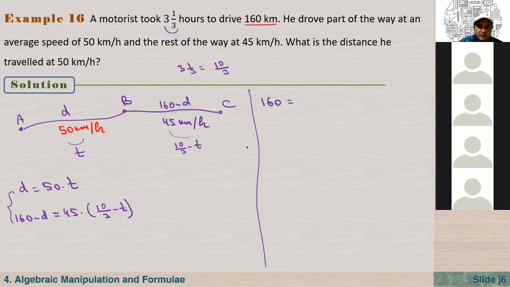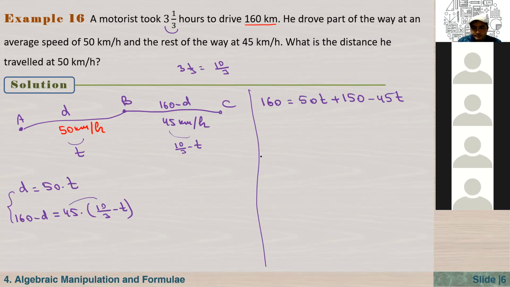And how about if you add right hand sides? The first one is 50t plus the second part is 45 times 10/3, 45/3 is 15, 15 times 10, that's equal to 150 minus 45 times t, that is 45t. Jasmine, did you understand what we did here?